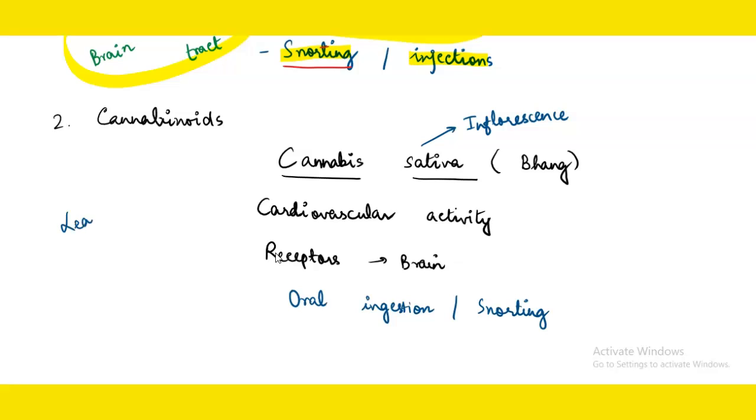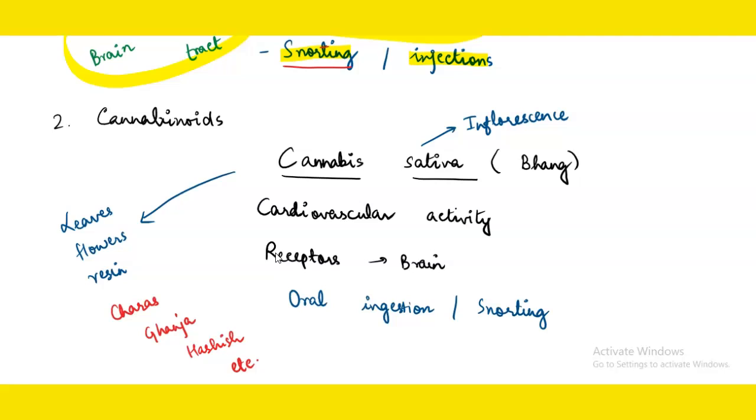However, leaves of it, flowers of it, and the resin which comes out from this plant are used in the preparation of charas, ganja, hashish, etc. Okay, this you have to learn.